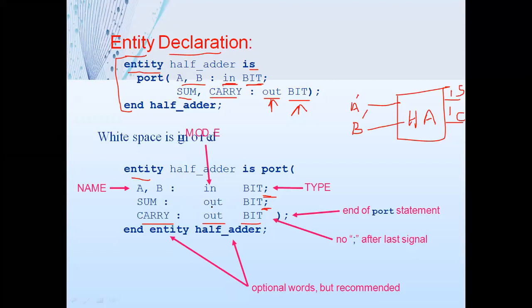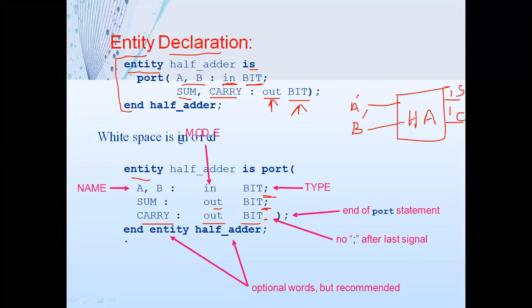The sum is the output signal, which is of bit type, with a semicolon. For the last signal in that entity, carry, you put the semicolon after the bracket. That is the syntax for the entity. If you keep the semicolon at this place, it shows you an error.